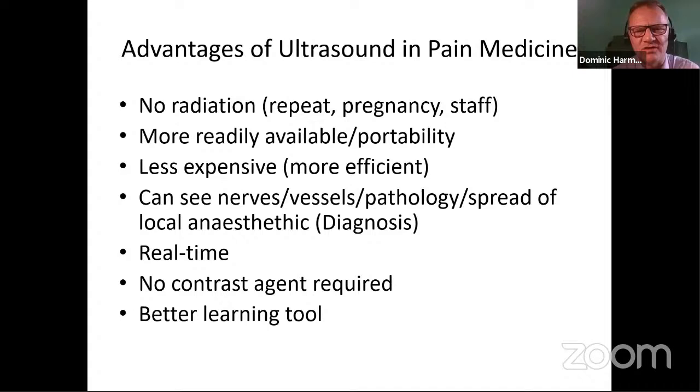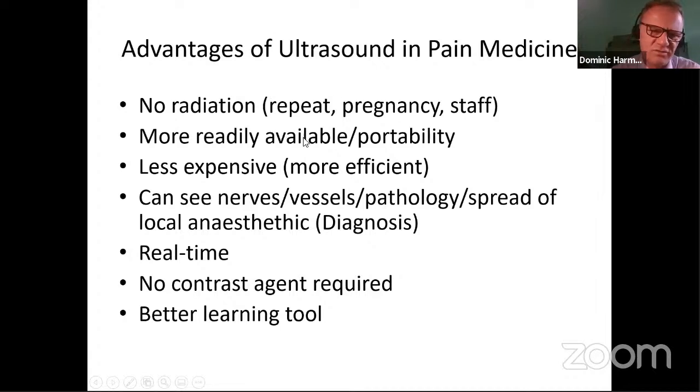Now, some of the advantages of ultrasound: no radiation, and this is definitely relevant with repeat procedures for patients. I've seen patients who are pregnant. Obviously, this is more an obstetric setting, but if you're going to do procedures for pain in that regard, and of course, staff, both yourself and your colleagues, in terms of working in the environment. So there's an advantage in terms of no radiation.